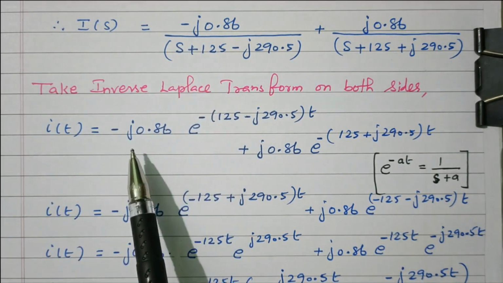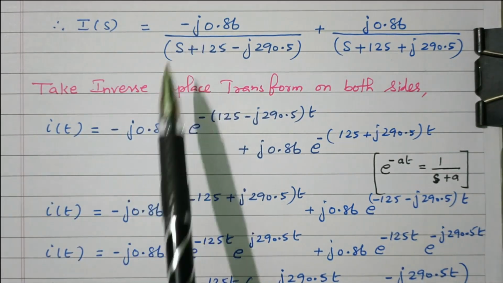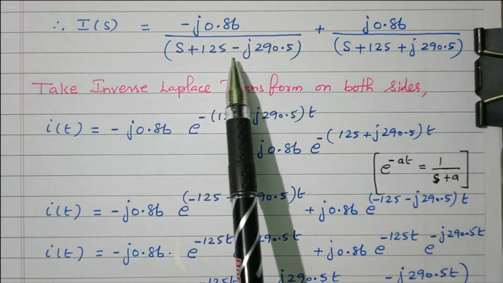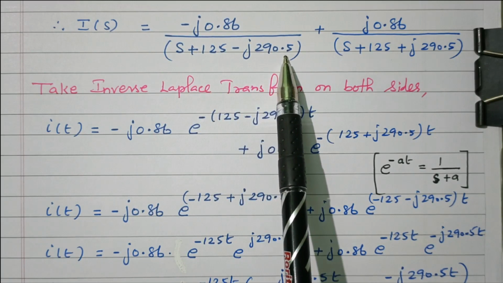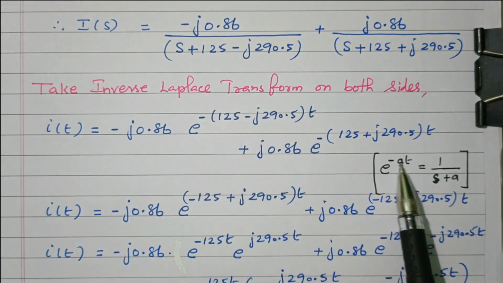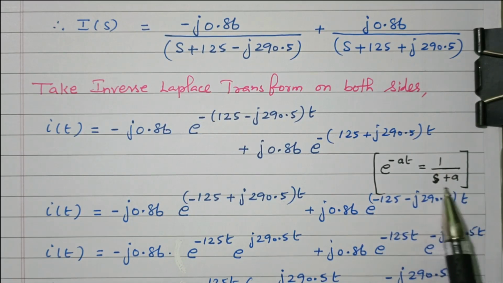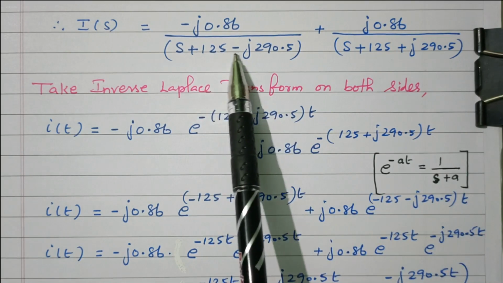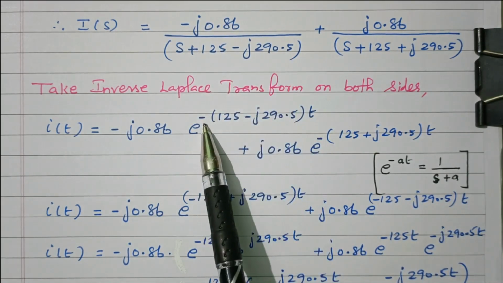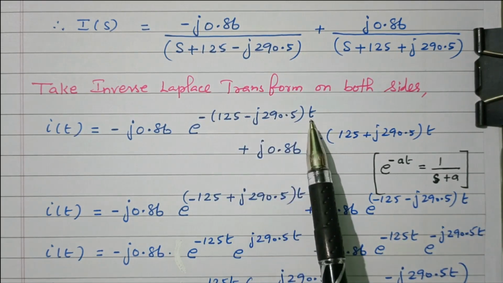Right. Minus J 0.86 is constant. This 1 divided by s plus 125 minus J 290.5 can be written based on e power minus at equal to 1 divided by s plus a. Right. Here a is nothing but 125 minus J 290.5. So that it is e power minus a into t.